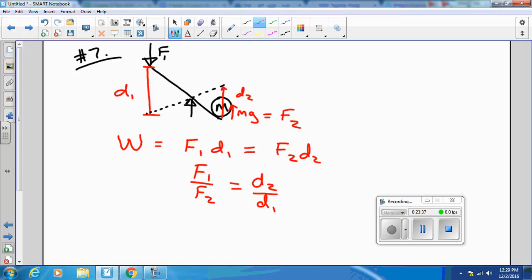We use this idea in robotics all the time. We use this idea basically to enable us to exert small forces on objects over longer distances so that we can get large forces on the objects that we want to propel. Does that make sense?